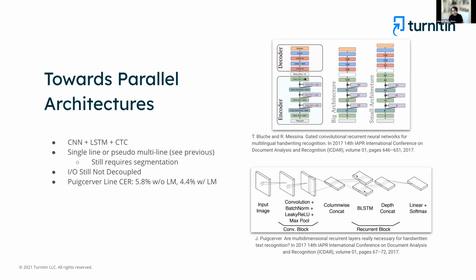However, in this case, it is still a single stack, which is not decoupled. So you will still run an LSTM over the entire length of the image feature map, which means that if your original image is twice the width, then this softmax here, this decoder, is going to come out with twice as many predictions.